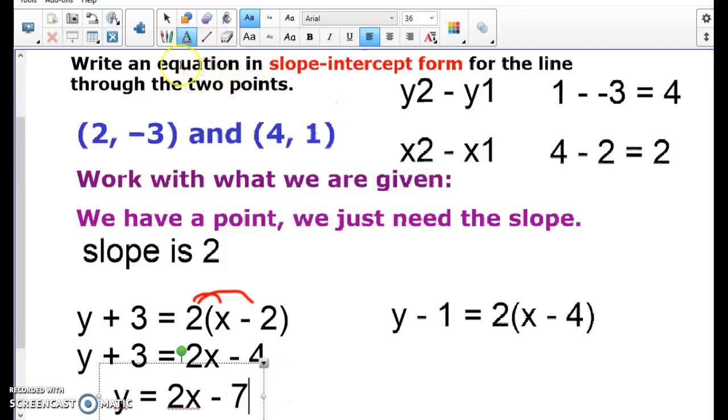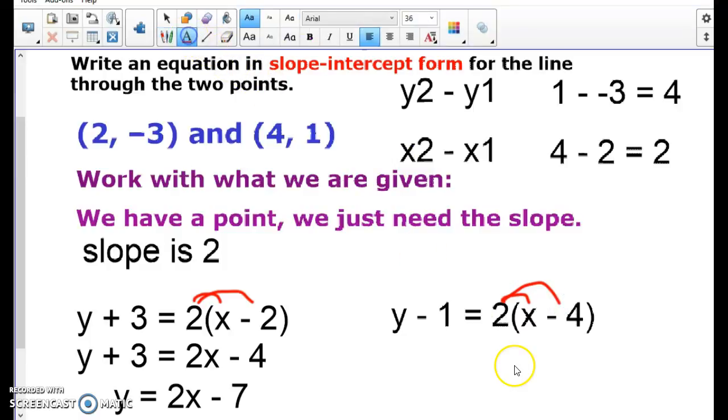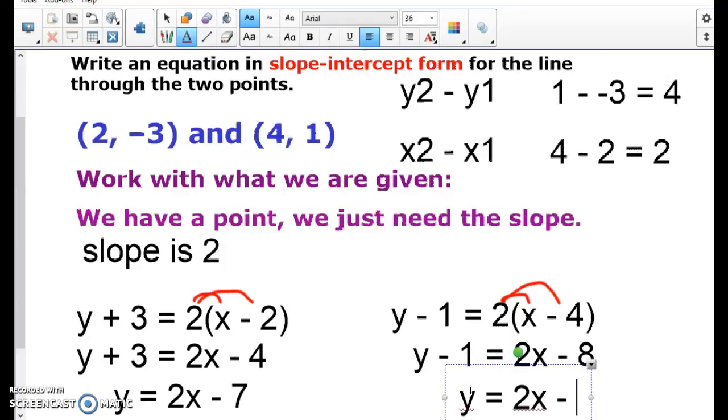Versus this problem over here, 2 times x, 2 times negative 4, I end up with y minus 1 equals 2x minus 8. Now I need to get rid of this minus 1, so I'm going to add 1 to negative 8. Negative 8 plus 1 is negative 7. This is why it does not matter which point you pick, because no matter what, when you solve for y, you will end up with the same thing.